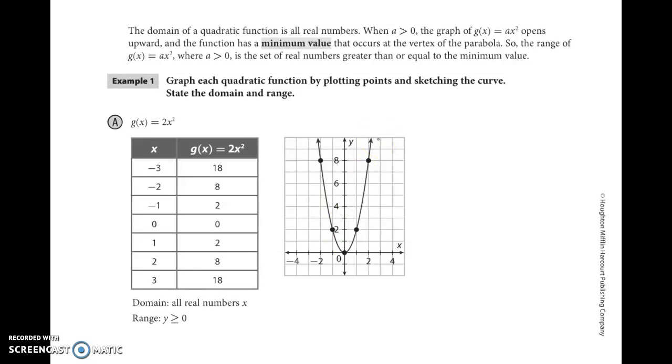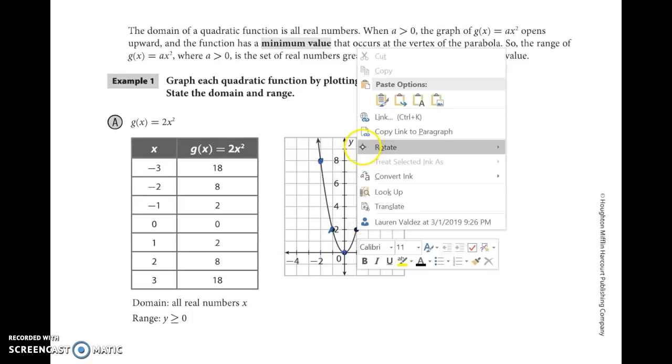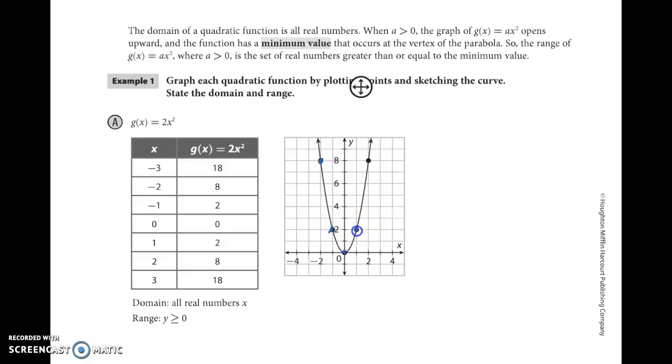What it wants us to do is graph the quadratic function by plotting the points, which they did for us, and then state the domain. Now, -3, 18 is way off the graph. So then they went to -2, 8, -1, 2, 0, 0, 1, 2, and 2, 8. And then they graphed it.